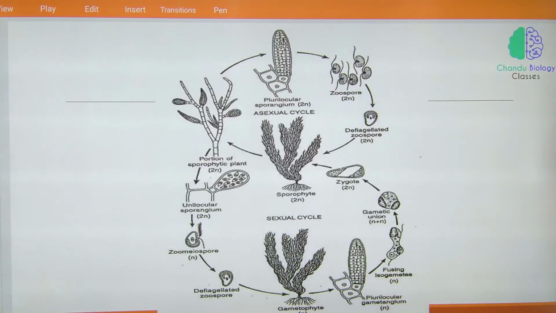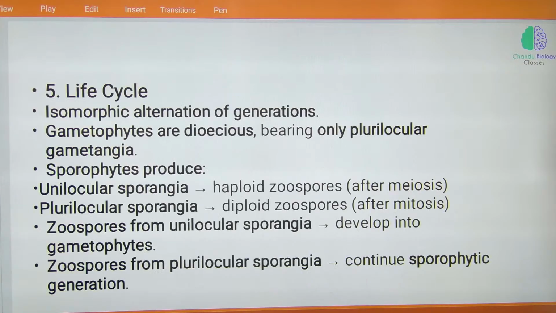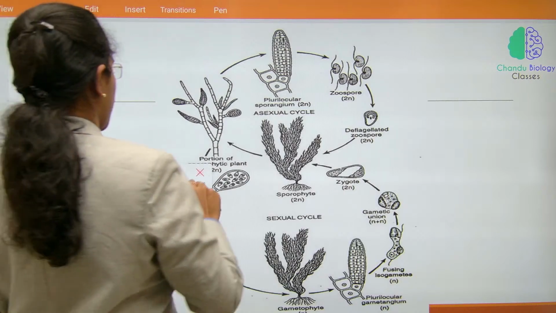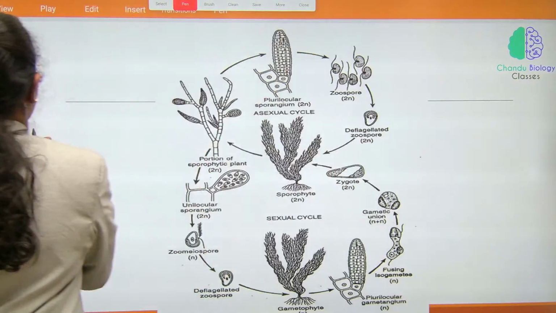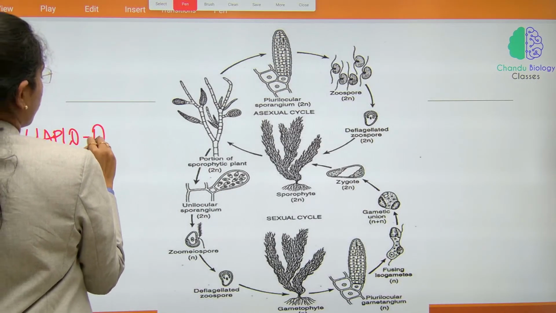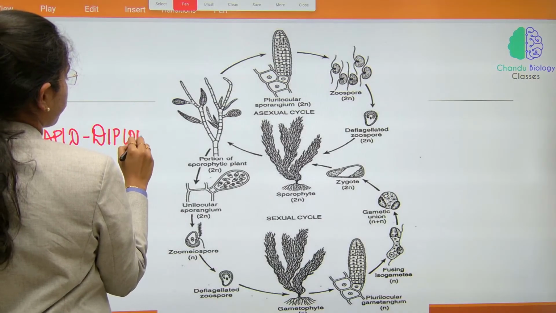The life cycle shows the formation of generations, with equal haplontic and diplontic phases. This shows the diplontic life cycle of Ectocarpus.